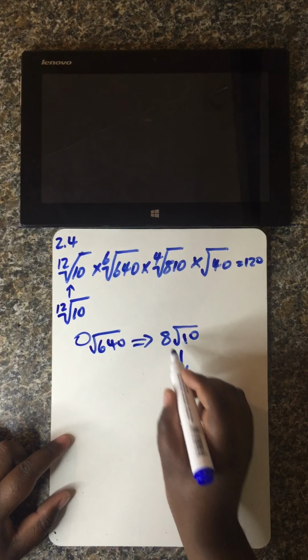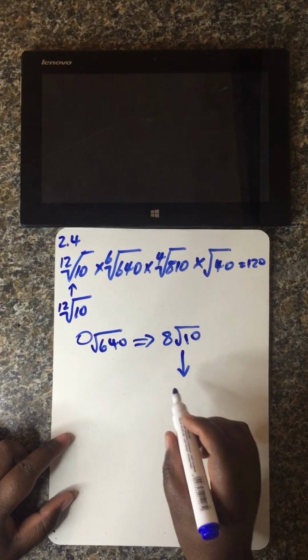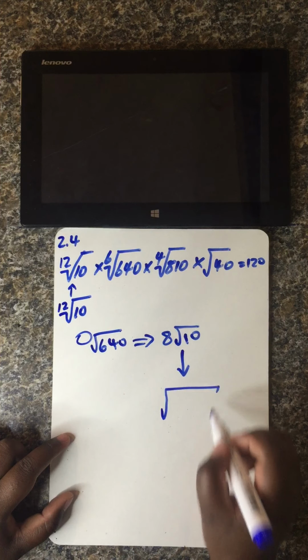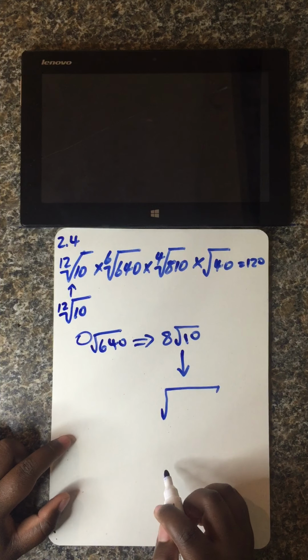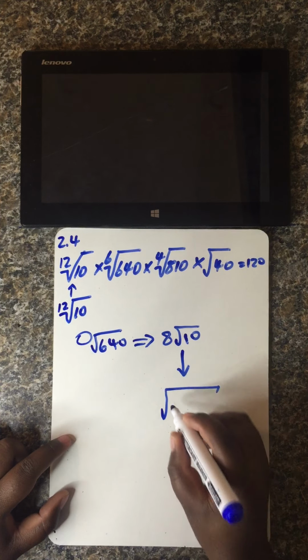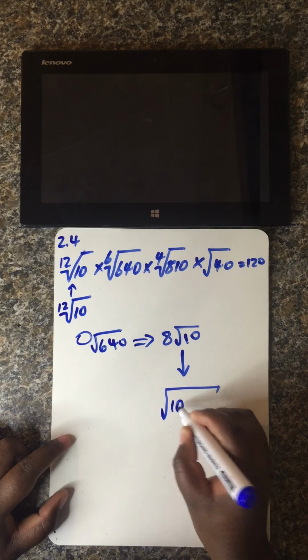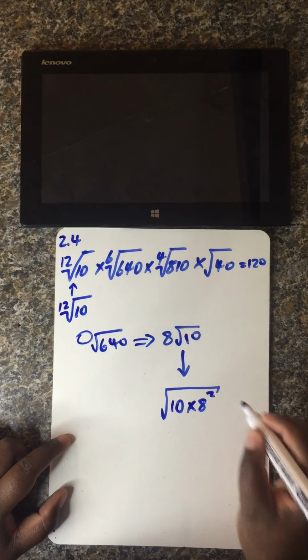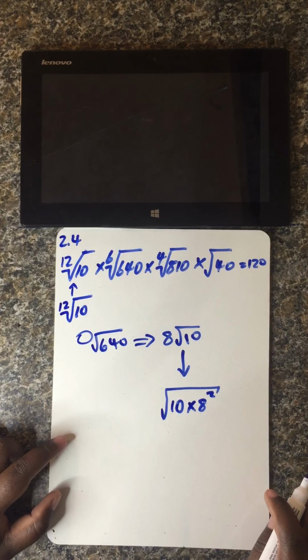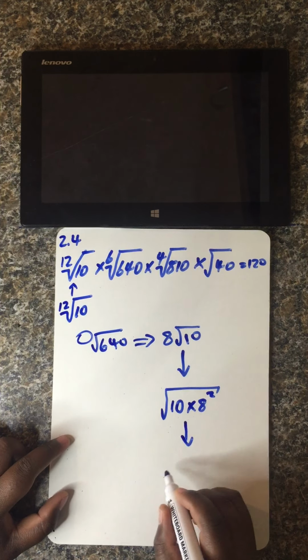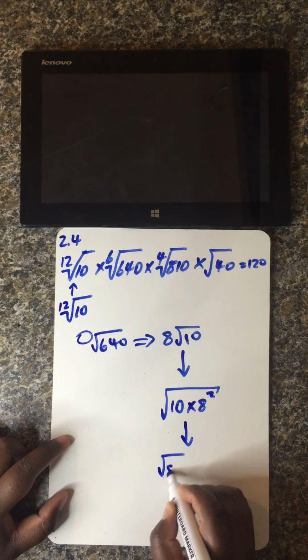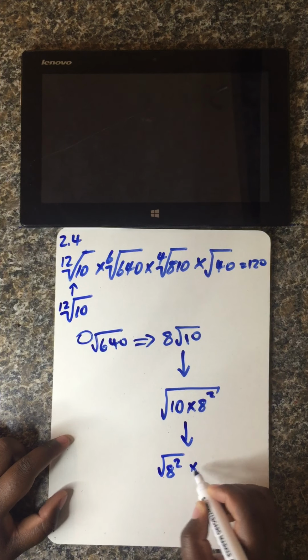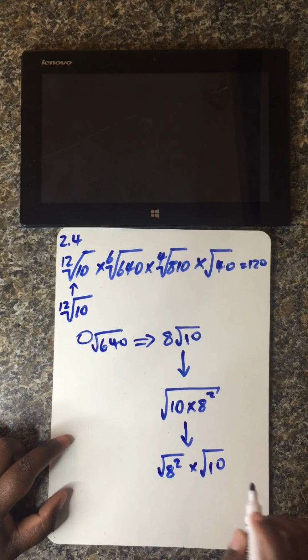Ladies and gentlemen, this thing is the same as the square root of 10 multiplied by 8 squared. It doesn't really matter which one you write first. So this is the same as the square root of 8 squared multiplied by the square root of 10.